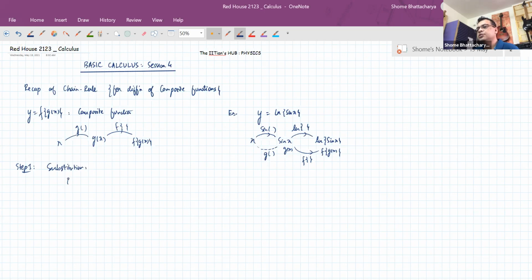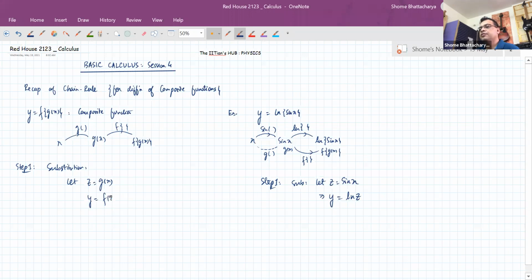In that we substitute a dummy variable as the inside function. So if I apply that step over here, in this particular case, I would take z as sin x. So immediately y becomes ln of z. Y becomes f of z.